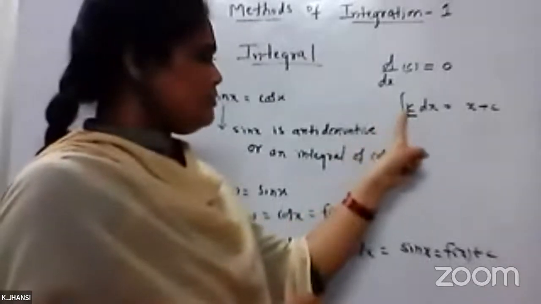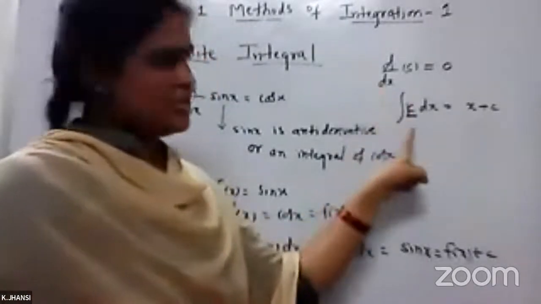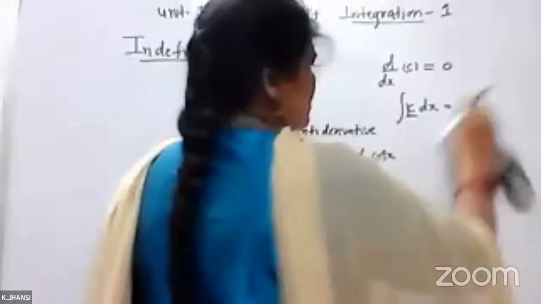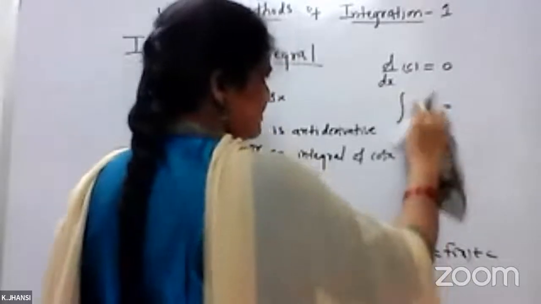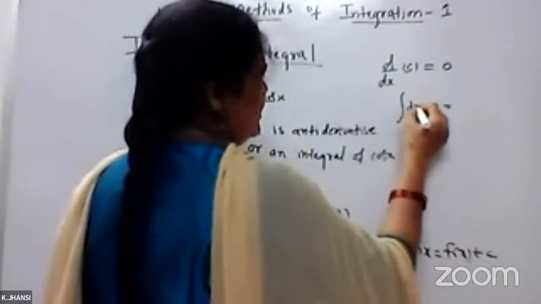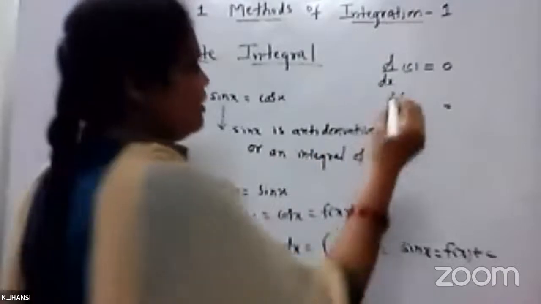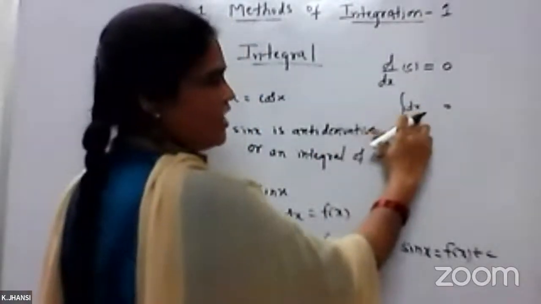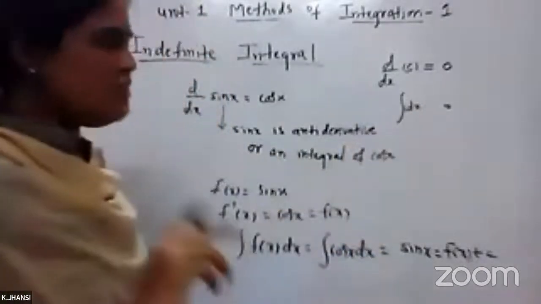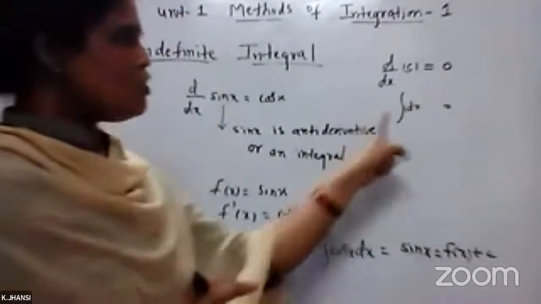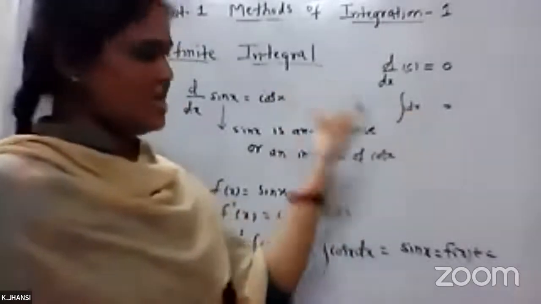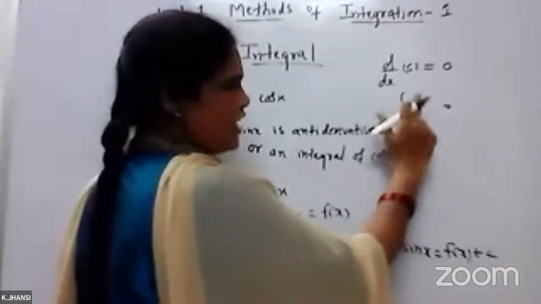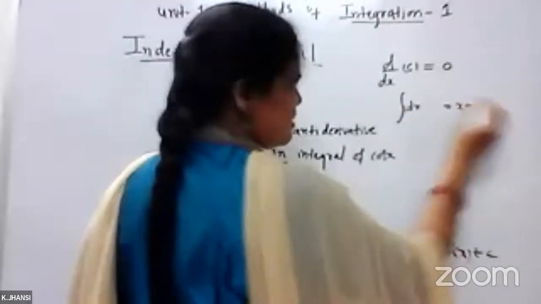Integration of a constant term: you take the constant outside, and only dx remains. So we have 1 into dx. We always integrate with respect to the variable x. 1 is the constant term, so we write the variable x, that is x plus c.